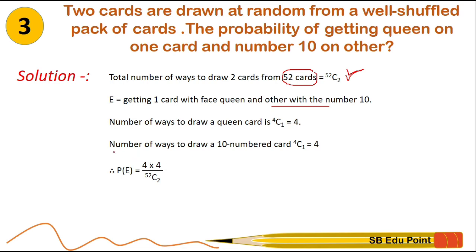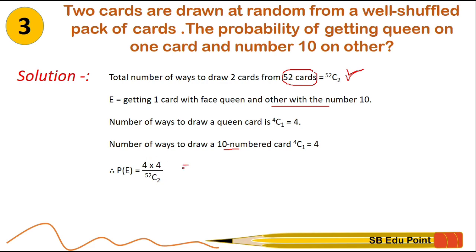And number of ways to draw a 10 number card is 4C1 because there are 4 cards and out of those I need to select one, so it can be done in 4C1, which is equal to 4. 4C1, 4 factorial upon 1 factorial into 3, so it will result as 4. So total favorable outcomes will be 4 into 4.